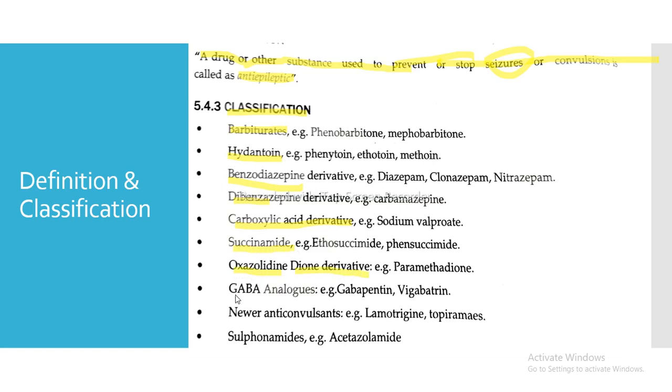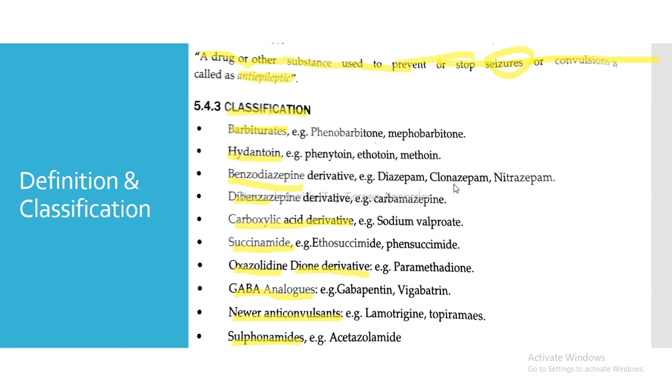Next is GABA analogs. Next is newer anticonvulsants, and the last is sulfonamide. Remember, these are the classification with the examples. If you are studying, you have to learn the classification with their examples.